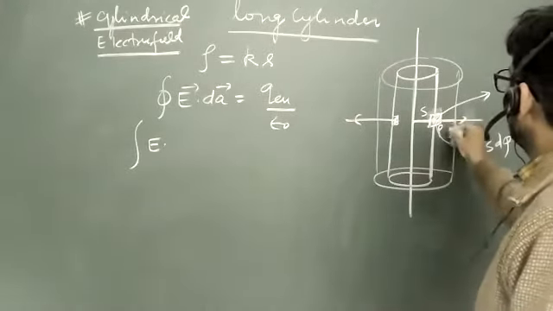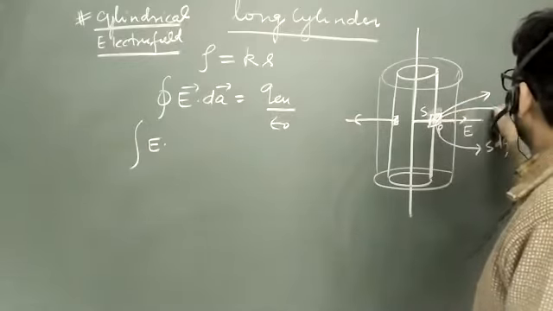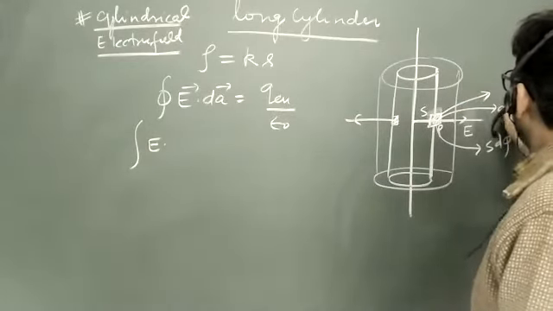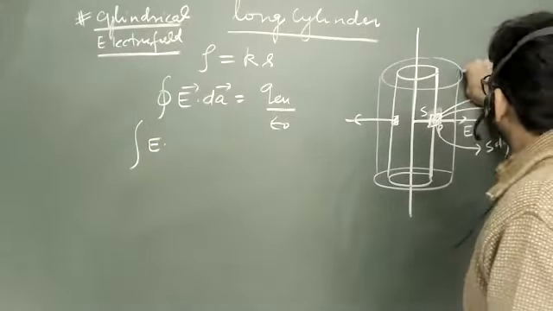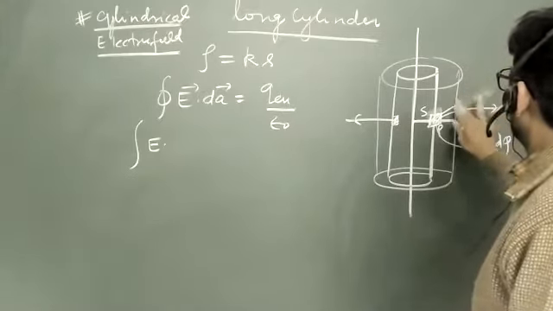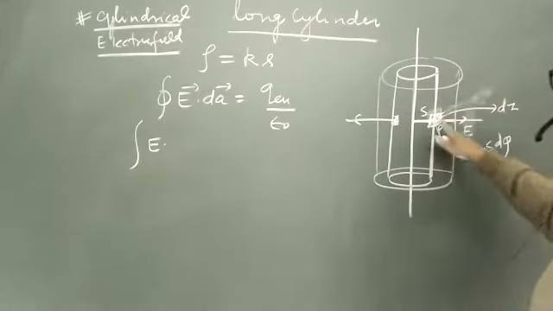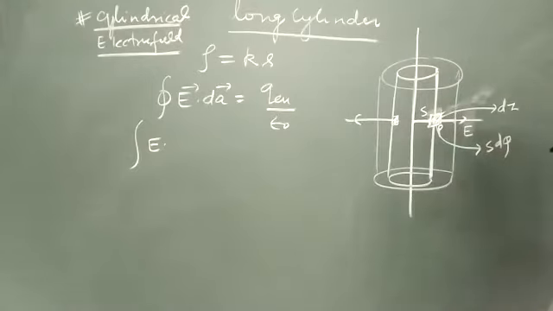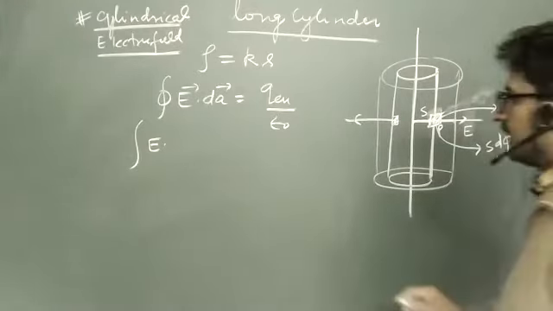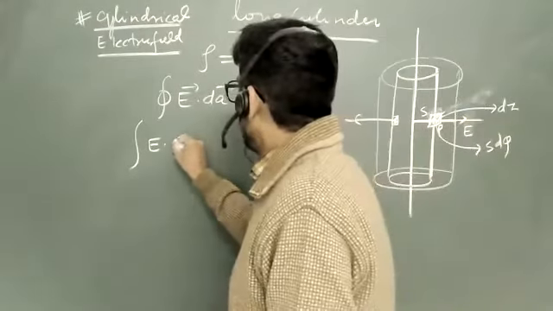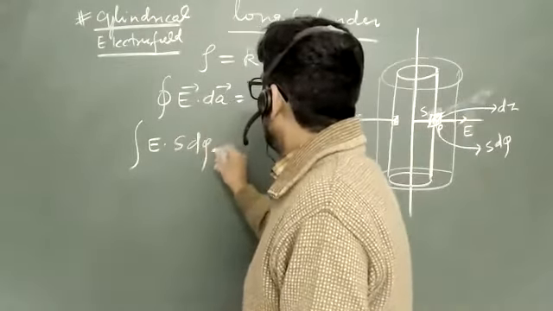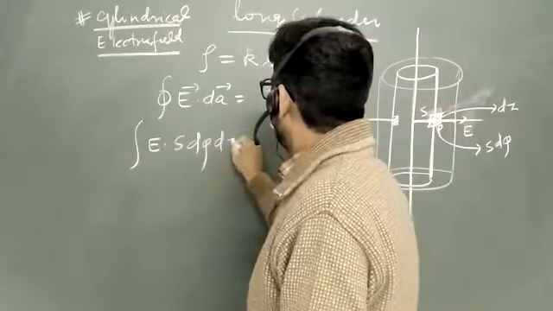Speak in terms of what is given, don't speak randomly. So the curve will be S d phi, and the upper length is dz. Yes or no? So this patch will become S d phi dz. Correct or not, in the cylindrical case? So it will become S d phi and dz.